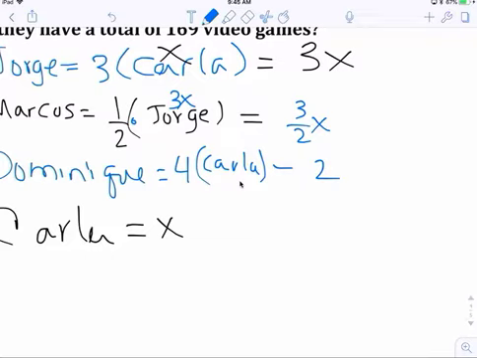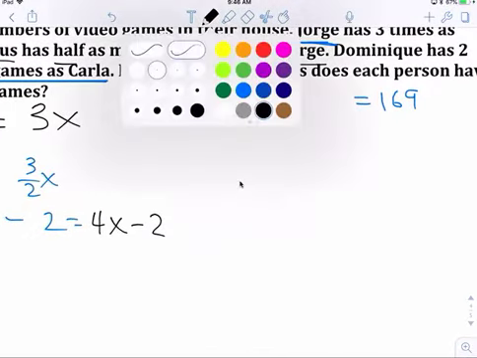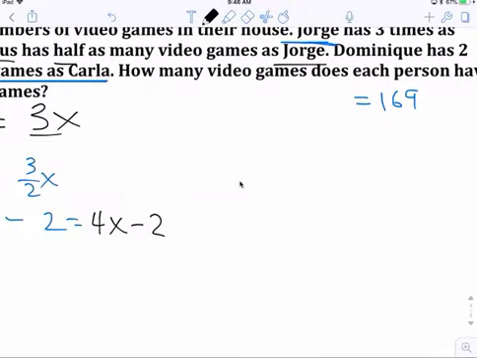Carla's x right here. So this one is 4x minus 2. Add them all up. This 3x plus this plus this.